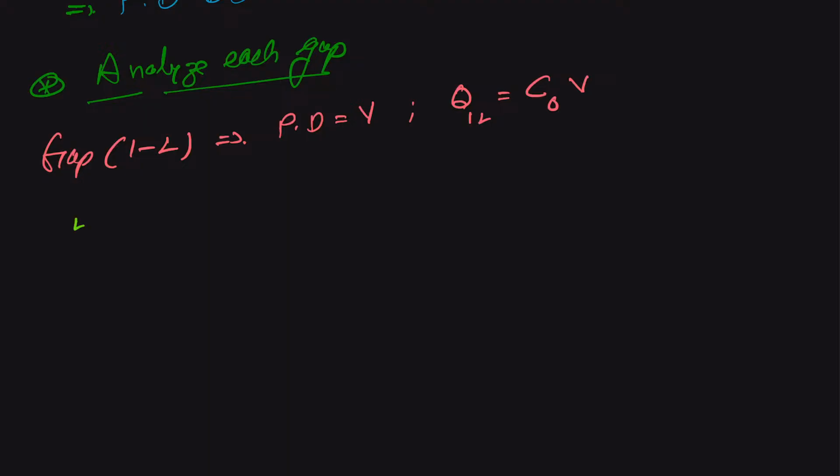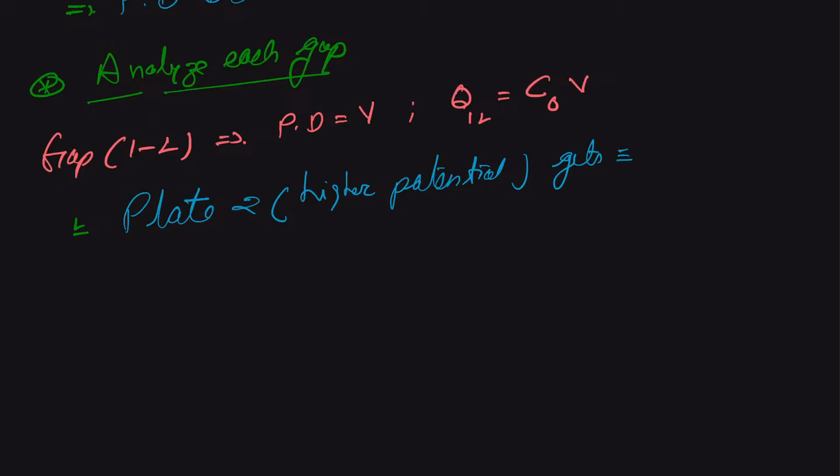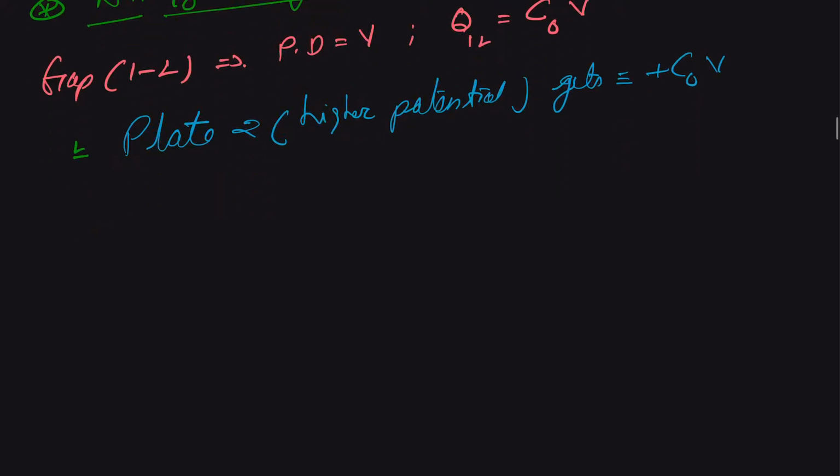Therefore, plate 2, which is at a higher potential, gets plus C0 times V, and our plate 1 gets minus C0 times V.